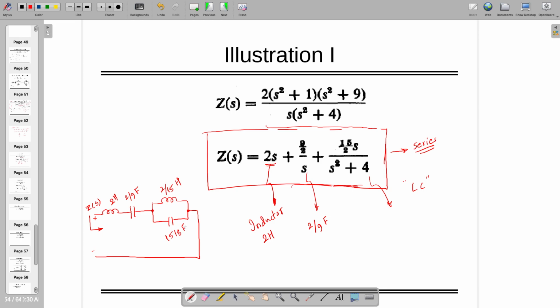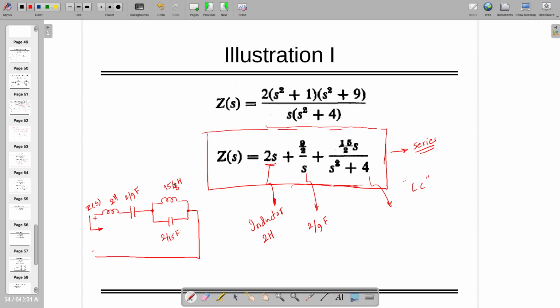Is it correct? Yeah, you can sit down. Thank you. Is it correct or can you tell me the correct answer? What's your name, by the way? Divyanshu. Can you tell me the correct answer? Capacitor is 2 by 15 farad and this one is 15 by 2 Henry. 15 by 8.